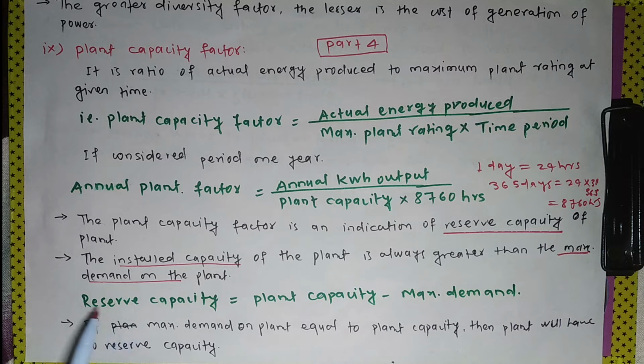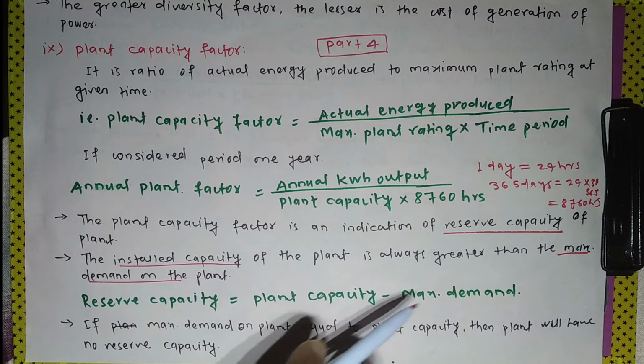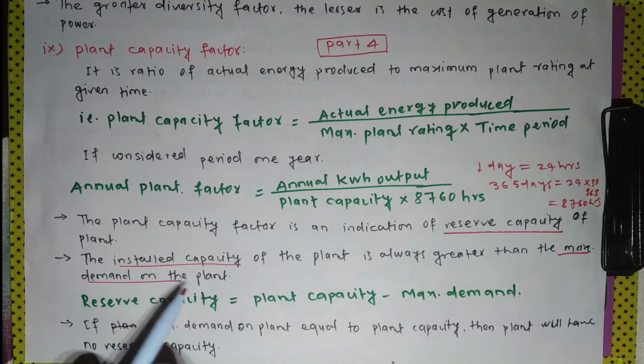And we can also see the reserve capacity is equal to plant capacity minus maximum demand. If we subtract maximum demand from plant capacity, then we can get the reserve capacity.